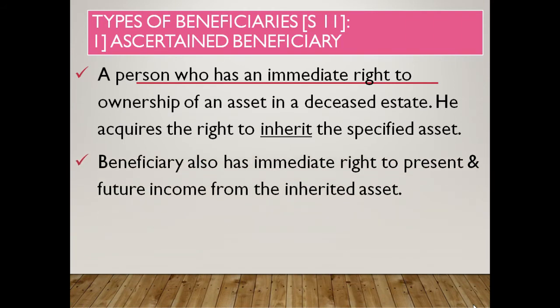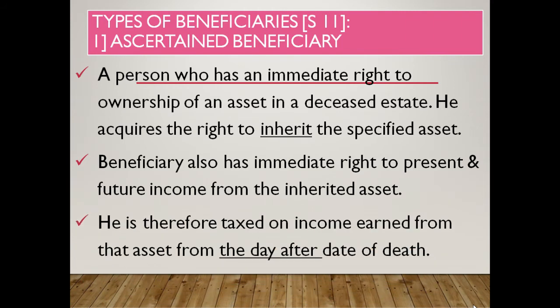The beneficiary also has an immediate right to present and future income from the inherited asset, and he is therefore taxed on income earned from that asset from the day after death of the deceased.